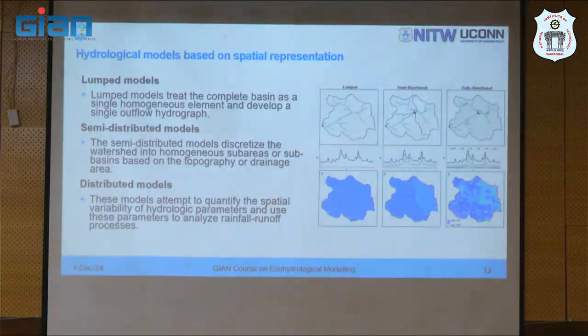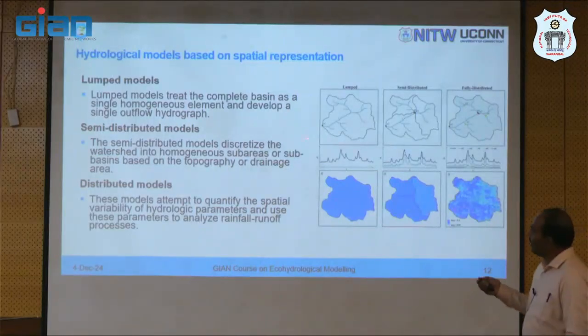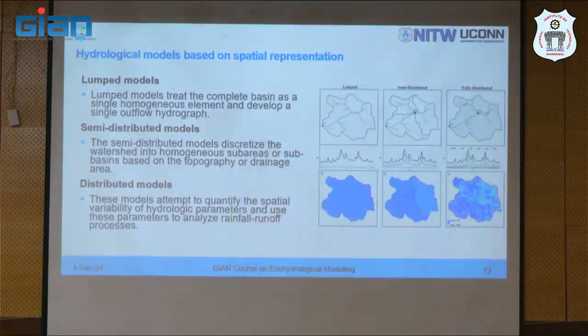And also your uncertainty, the number of parameters. Here it is only one parameter. If you take curve number, there is only one curve number. Here there are 3 curve numbers, here there will be 5000, because each is a combination of this, okay. And how you distribute this will also matter. For example, I have distributed this based on topography.